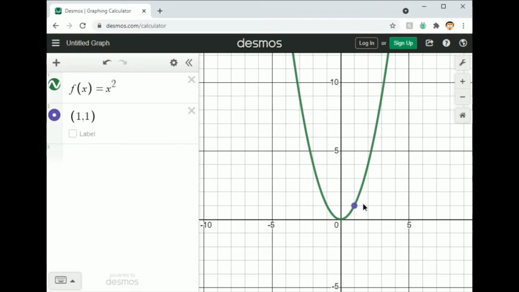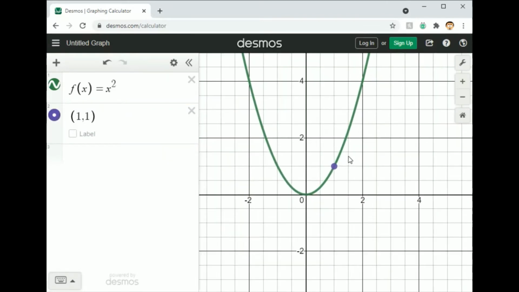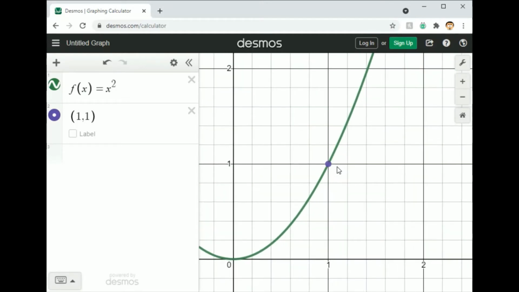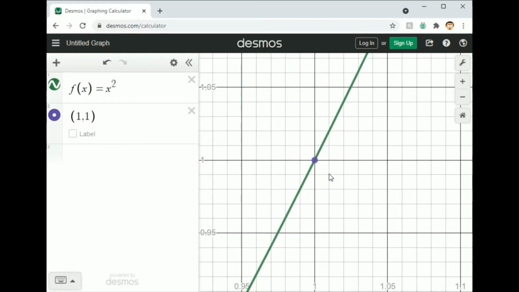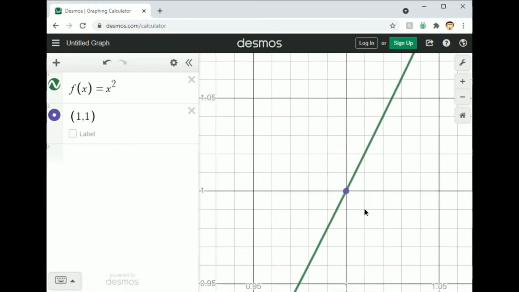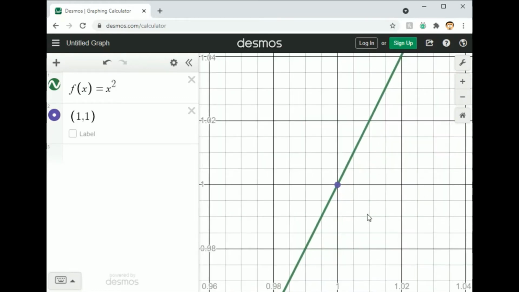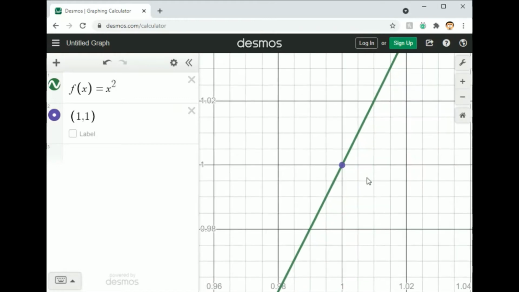If we zoom into 1, 1 enough, we're not really taking the slope of a curve. At this point, we really are taking the slope of essentially a straight line. I mean, that is so close to being a straight line, I don't think you'd ever tell the difference. And its slope does look like it goes over 1 and up 2.